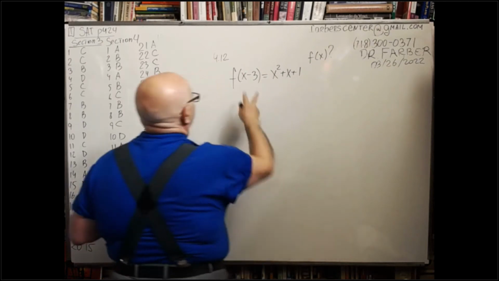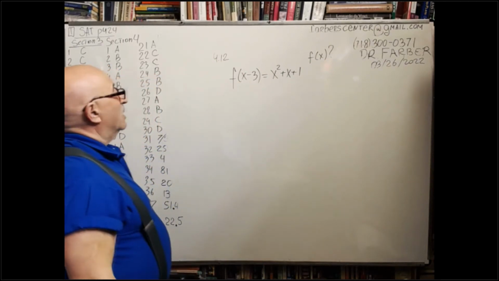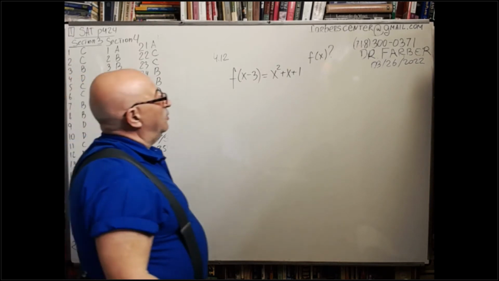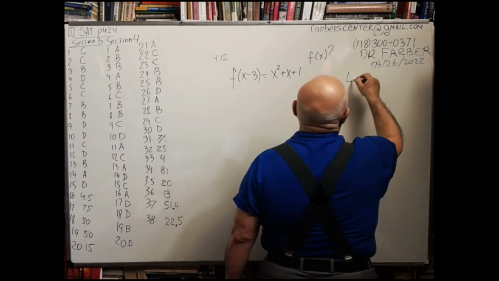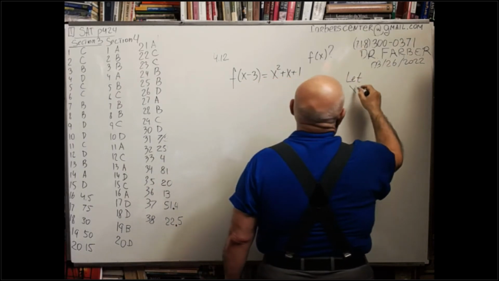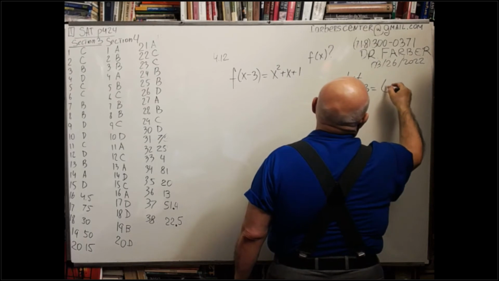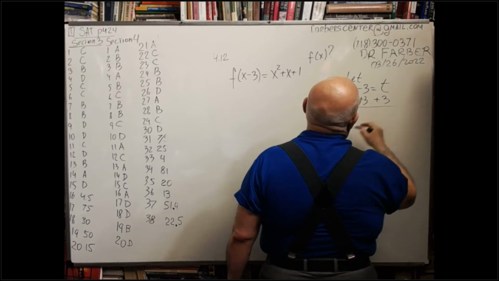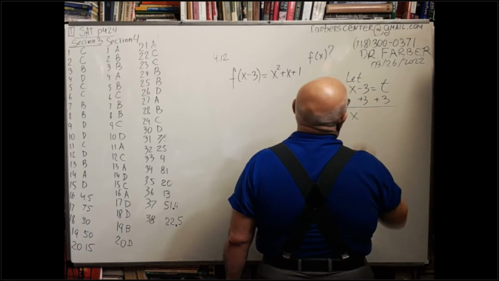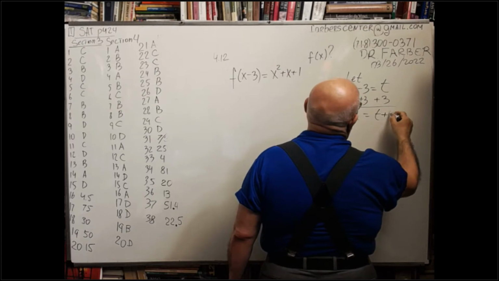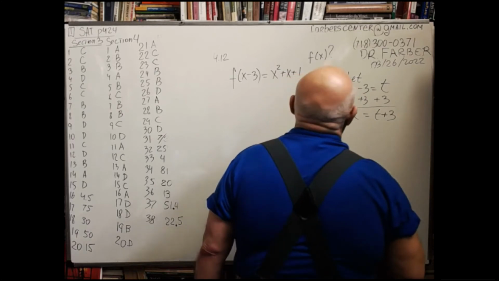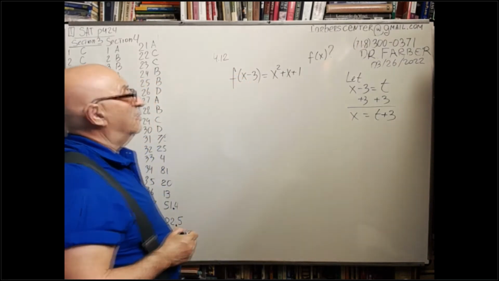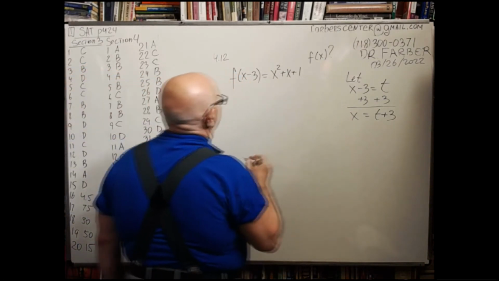We have an argument of two terms, like we did before. For example, let x minus 3 equal t, any variable. Then x equals t plus 3. Now I want to get a function of one variable, of one term.